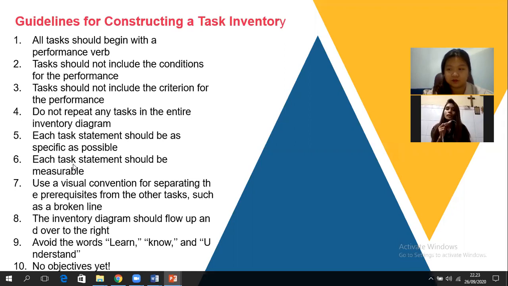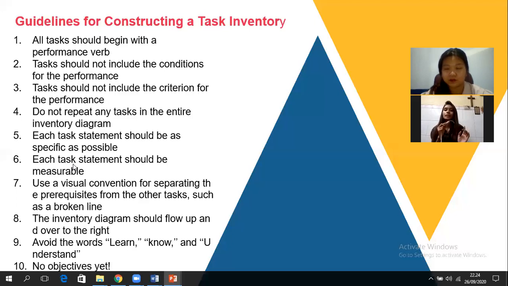The fourth, do not repeat any task in the entire inventory diagram, so each task should be different from each other. The fifth, each task statement should be as specific as possible, like the example that you saw before. And the sixth, each task statement should be measurable.